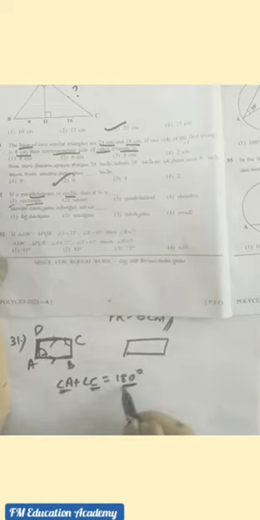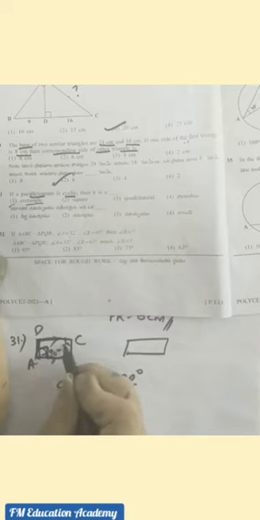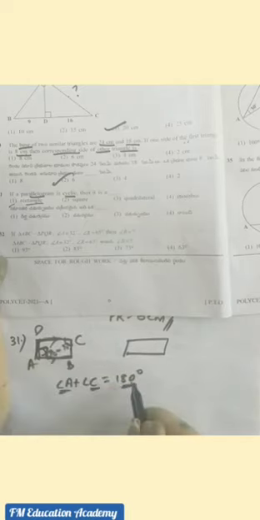In which figure are the sum of opposite angles 180 degree? We know in a rectangle, each angle is equals to 90 degree. So 90 plus 90 will be 180. In rectangle, each angle is 90 degree. So we can say here parallelogram is equals to rectangle if it is a cyclic parallelogram.